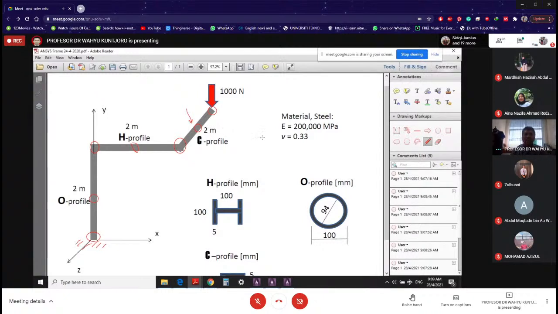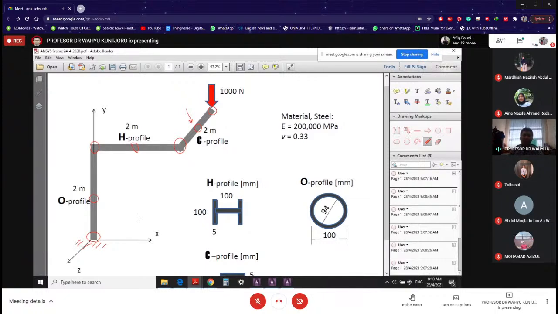So the coordinate of this node, the one here, is going to be 2, 2, minus 1, right? x 2, y 2, and z minus 1. Very important that you can establish this location because you need that for Ansys later on, okay?